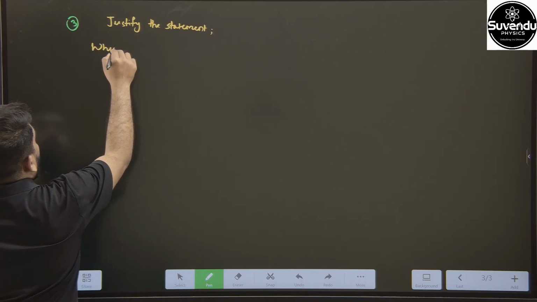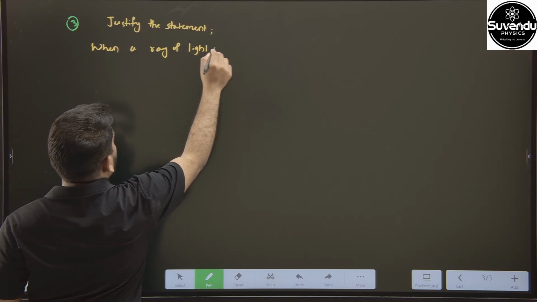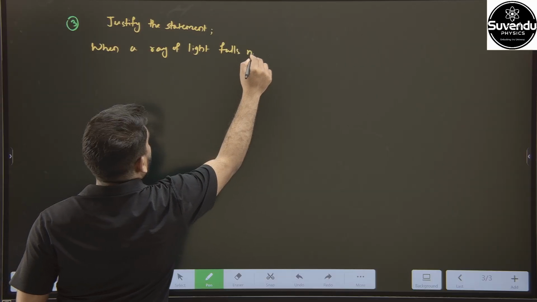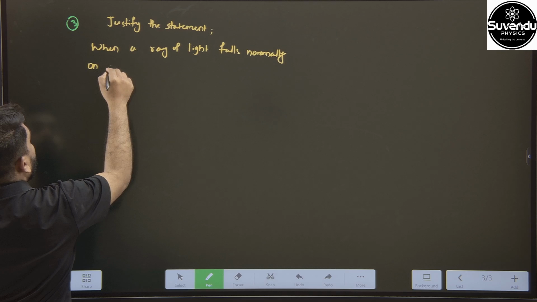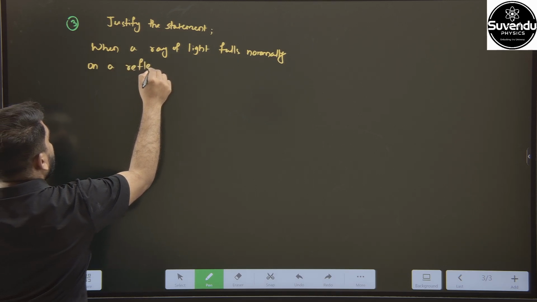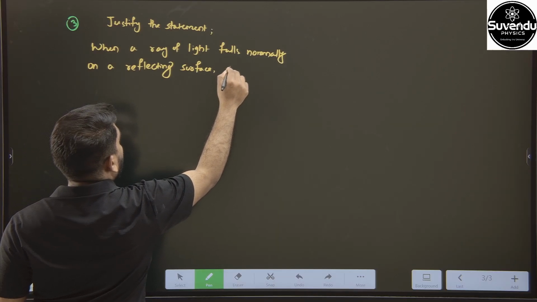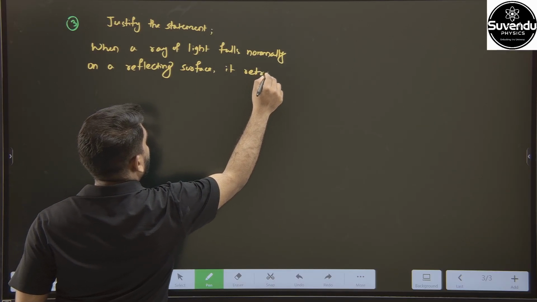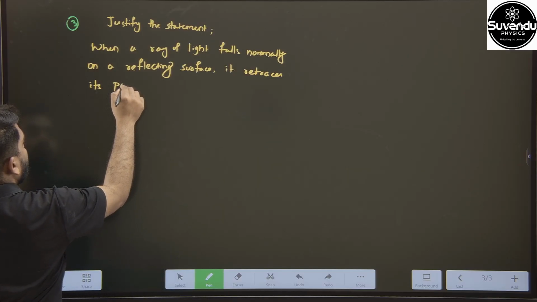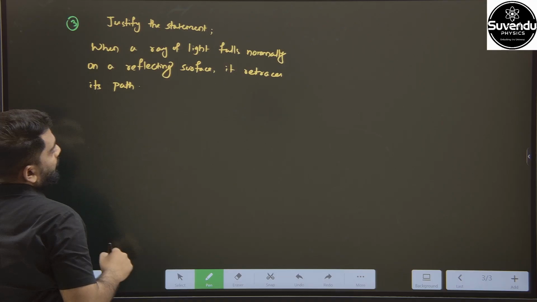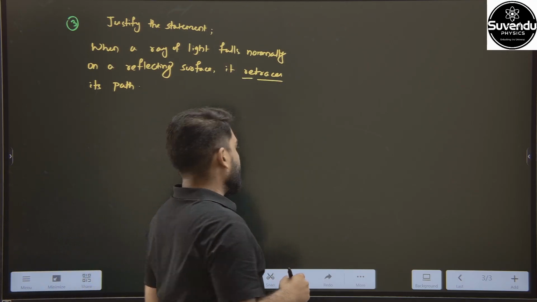The sentence is, when a ray of light falls normally on a reflecting surface, it retraces the path. Re means again, trace means follow. So again it will follow the same path.